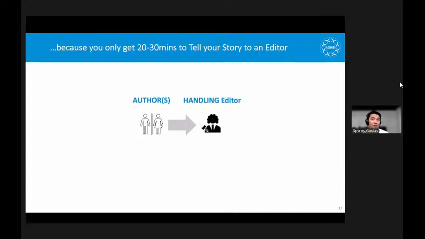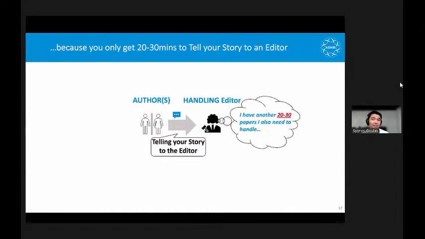Therefore, as an author, the first person you need to convince that your story is interesting to is the editor. An editor is typically very busy and has lots of papers they are handling simultaneously that are at different stages of the publication process.